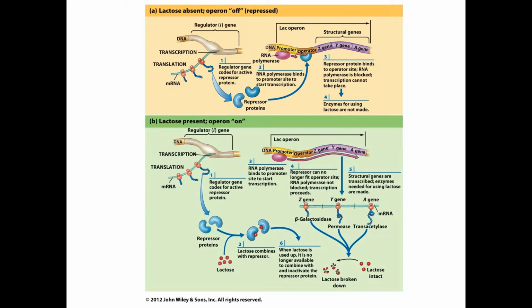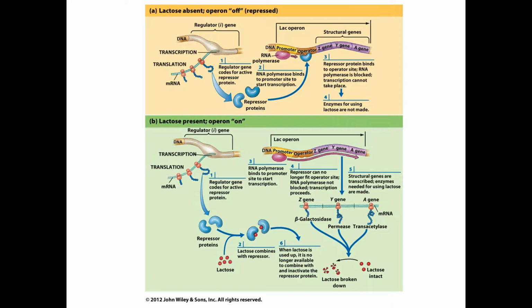This is walking you through in a little more detail the lac operon: what's going on when the lac operon's off, and what's going on when it's on. You're going to have to be able to explain and describe what's going on when the lac operon is turned off, repressed, and when it's turned on. Let's look here.